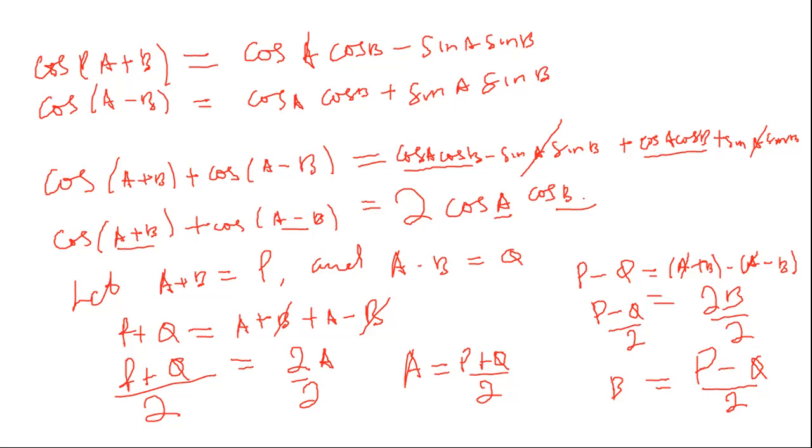So we are going to now get into our equation. Where there is cos of A plus B, here we put a P. Here we put a Q. Then where there is A, we put (P plus Q) over 2, and where there is a B, we put (P minus Q) over 2.